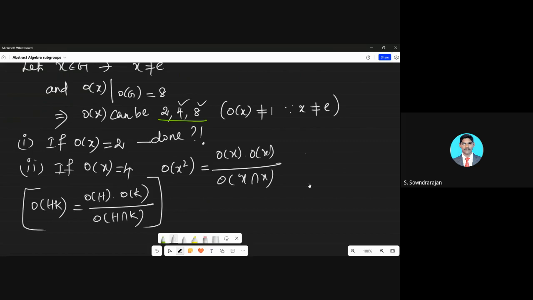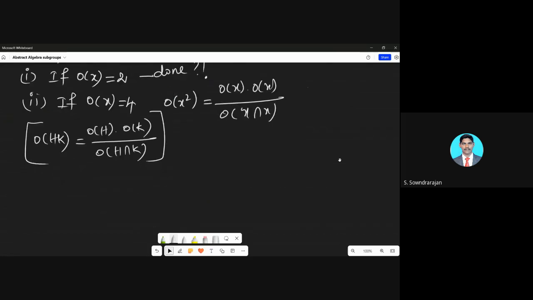Like this, maybe you may remember, we have another formula also: the order of x squared. The equivalent formula is order of x divided by GCD of 2 comma order of x.